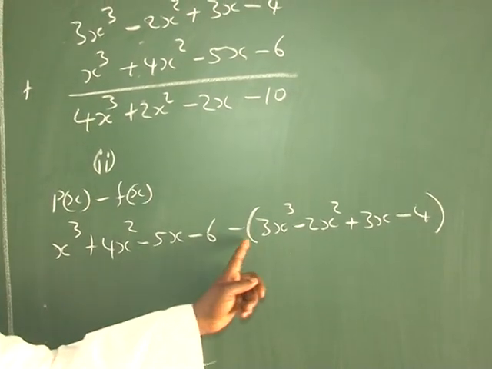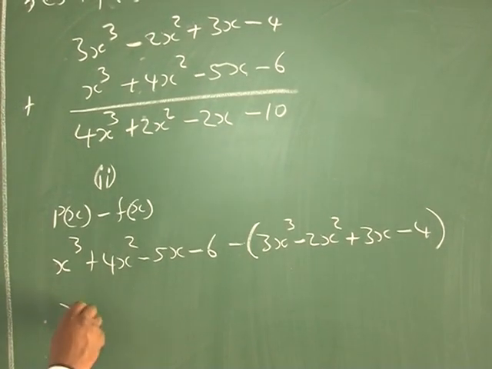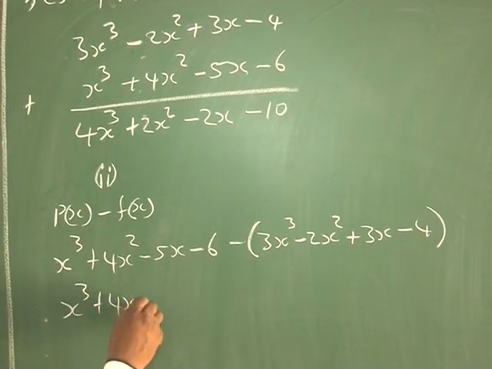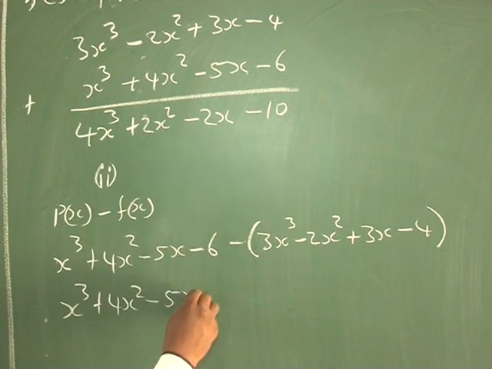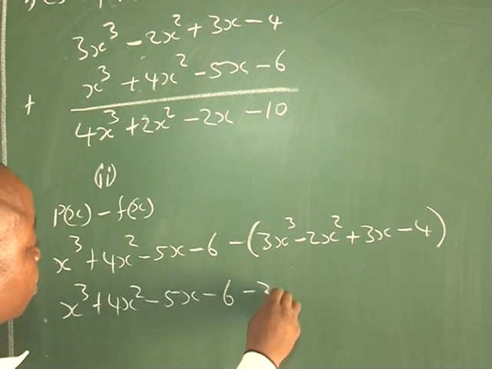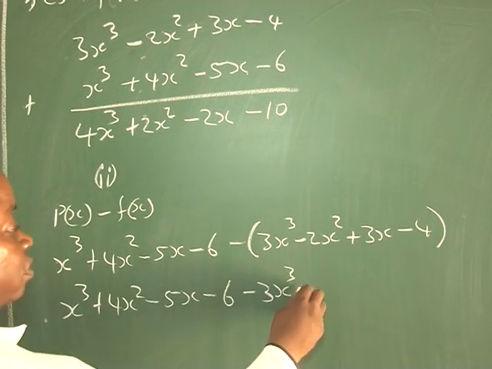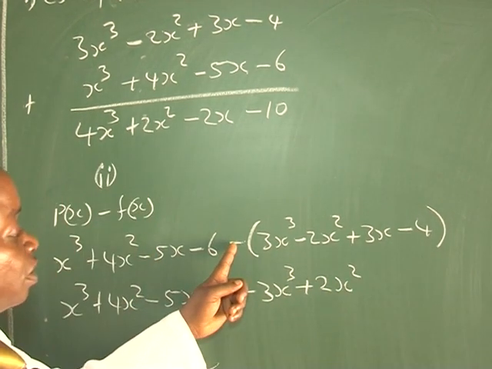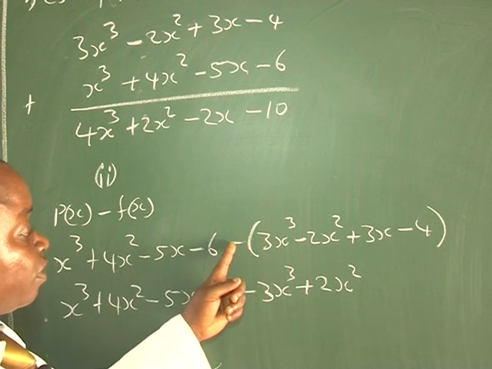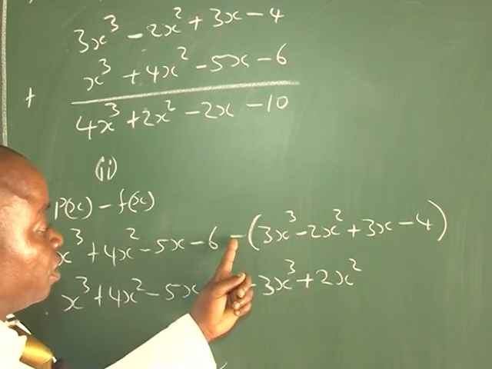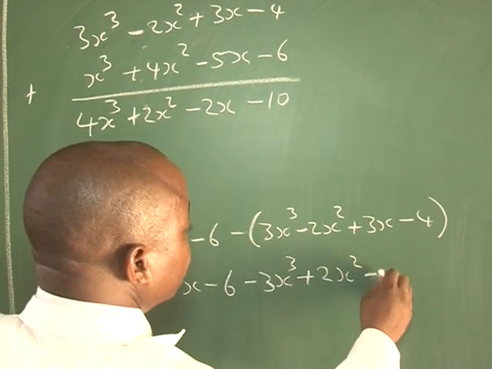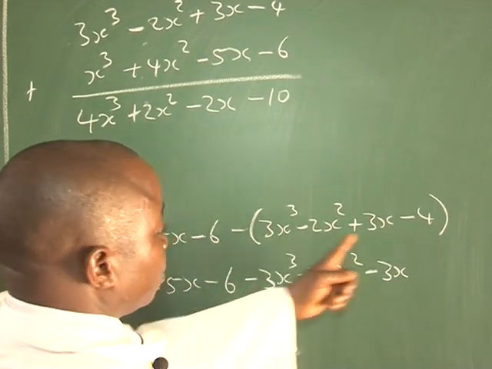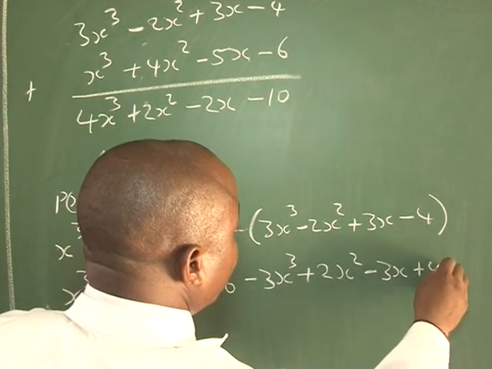Okay, first let's open this bracket, where we will have minus 3x cubed plus 2x squared. You know this, if you open here you have minus, open here you have plus. If you open here you have minus 3x, going here we have plus 4.